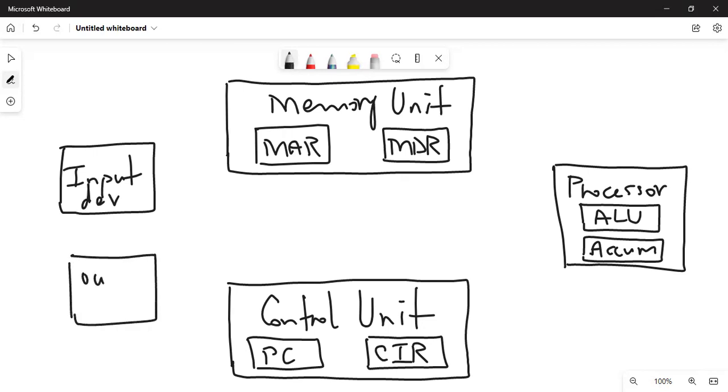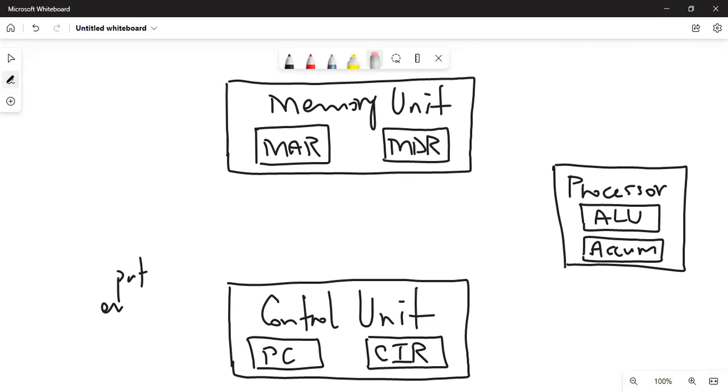So that is obvious. But for the time being, I'm not considering input and output devices, but you know that they are here. I'm ignoring them, and I am considering that the data is stored in my memory. So let's see how different units are going to play a role in fetching the data from the memory and executing and running that data by the processor.